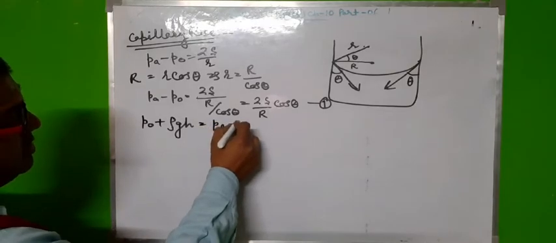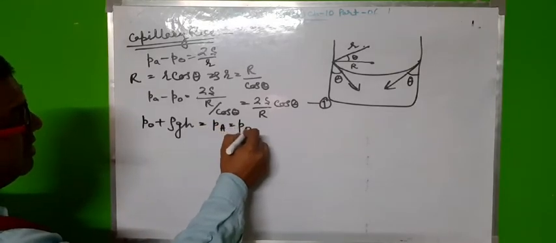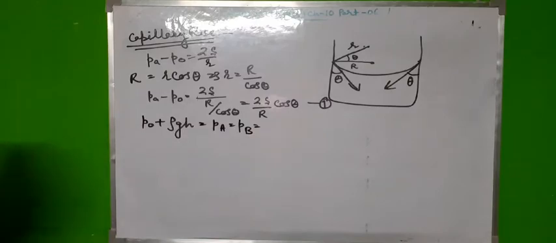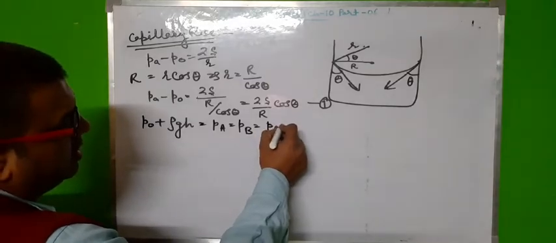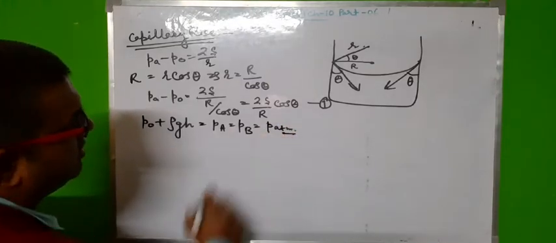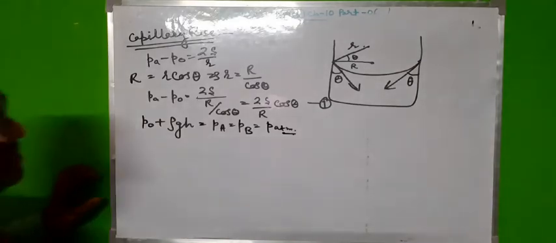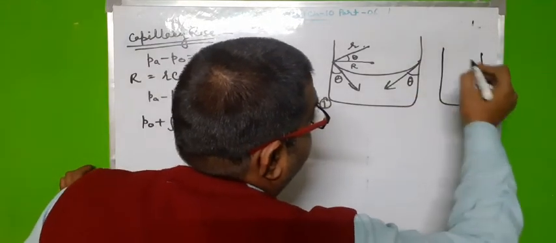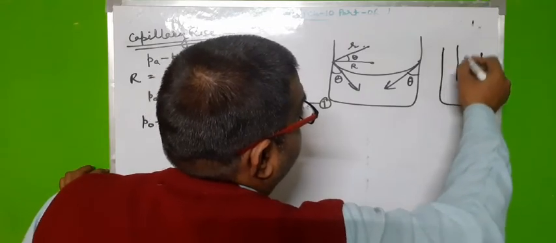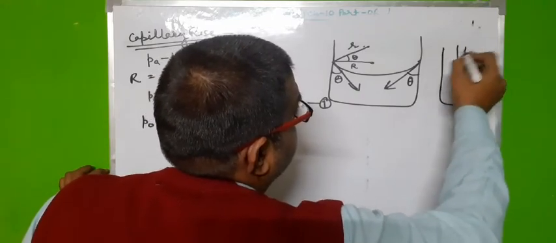Pressure at A is equal to pressure at B, and it is equal to atmospheric pressure, because here we had drawn a liquid kept here, and this is the shape of the meniscus.